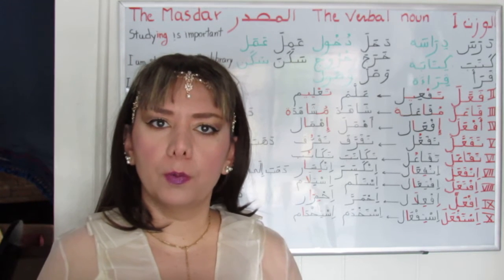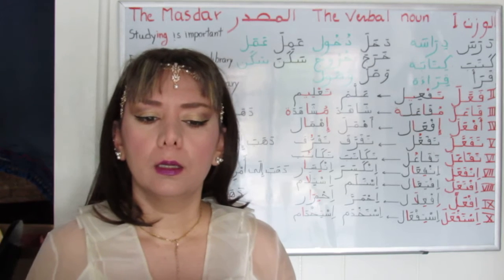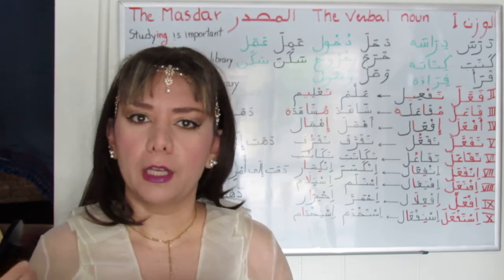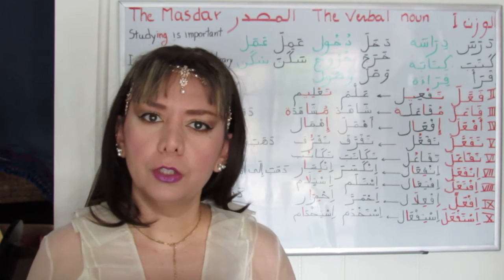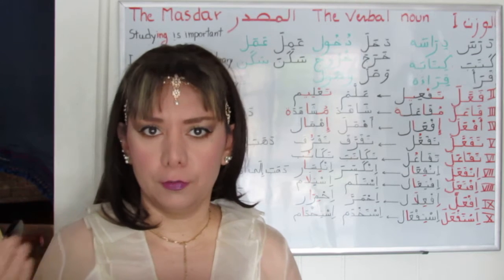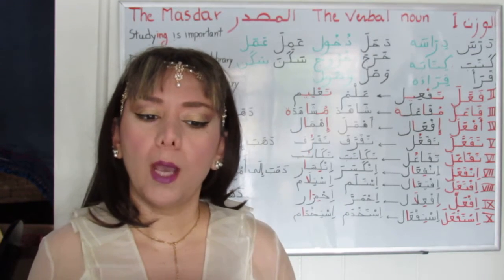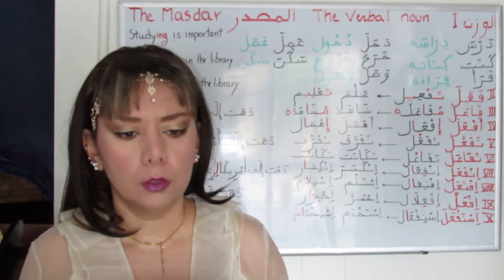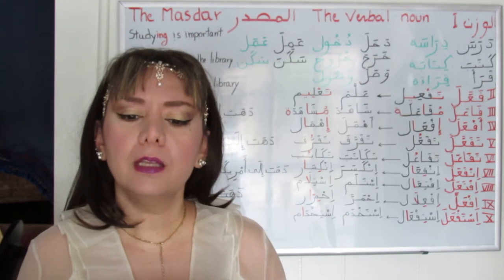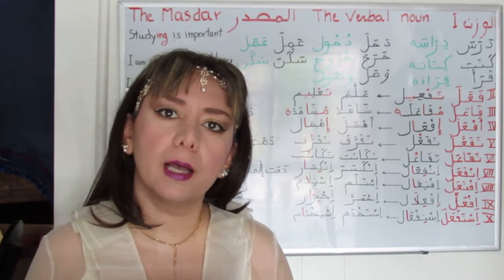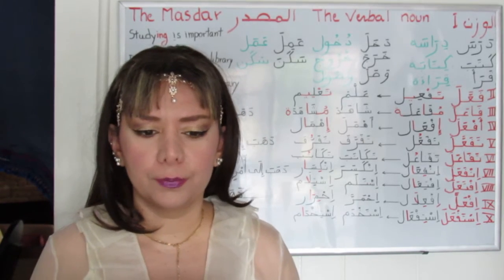An Arabic verb contains three pieces of information: the action, the actor, and the time, present, past, future. While the verbal noun, which originates from the verb, contains the action but has no actor or time information.